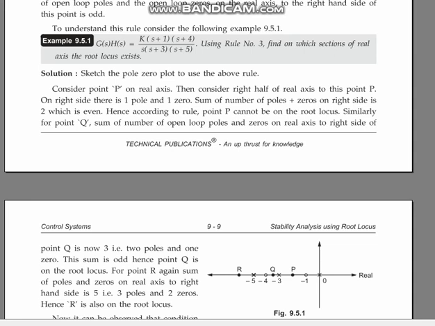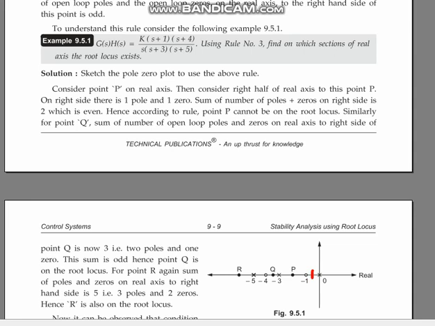Now we have to see which branches are root locus branches, by using a test point. Between 0 and minus 1, there is a pole and a zero. We assume some point here, and rule number 3 says we have to check how many poles or zeros are on the right hand side of this point.